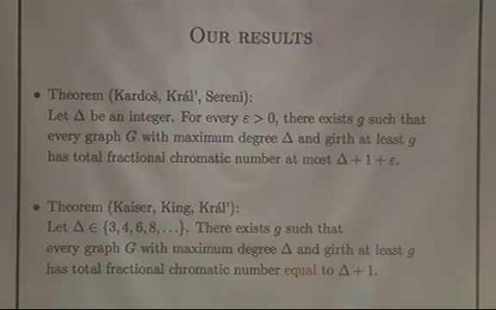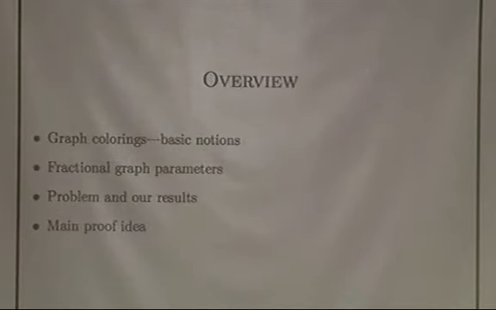So I would like to sketch the main idea behind these results without going into too many technical details, but still I hope that you will get enough feeling for how the proof goes.